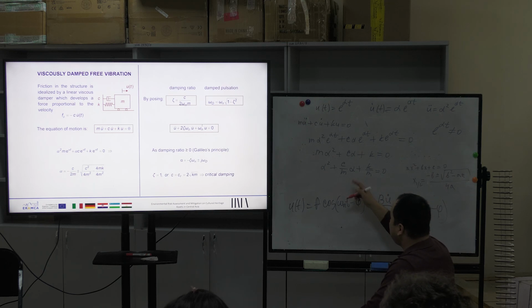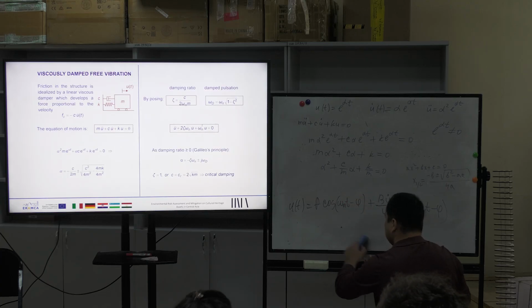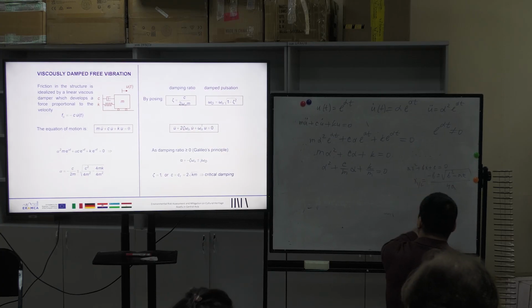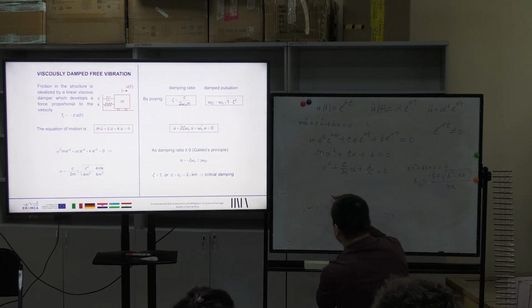And to find alpha, the solution becomes like this.